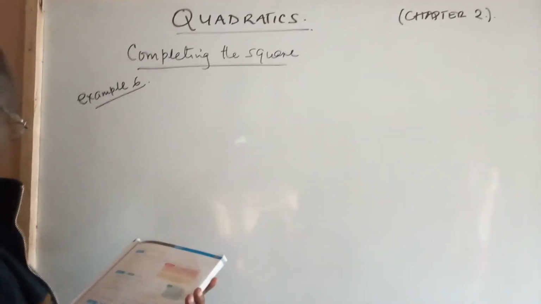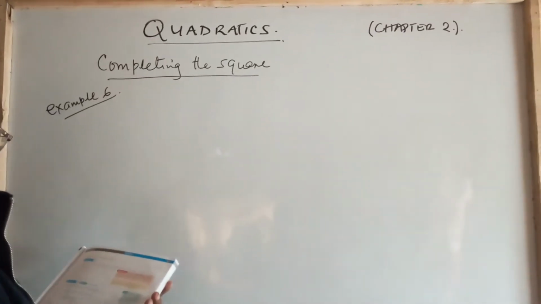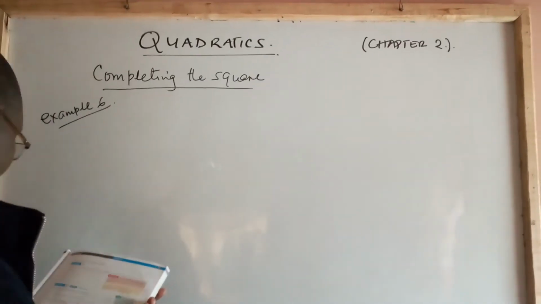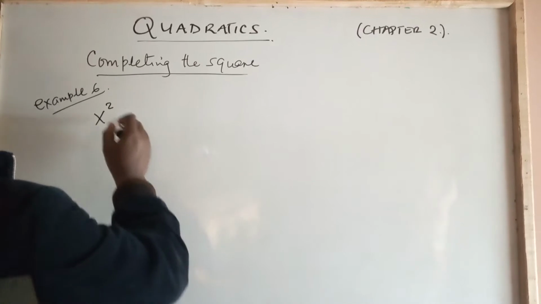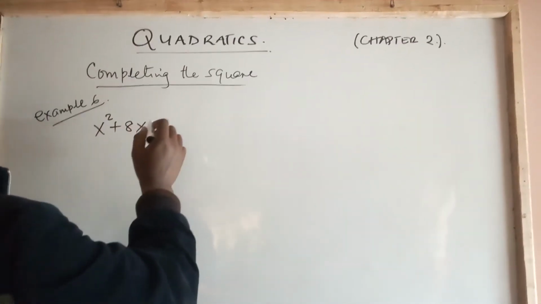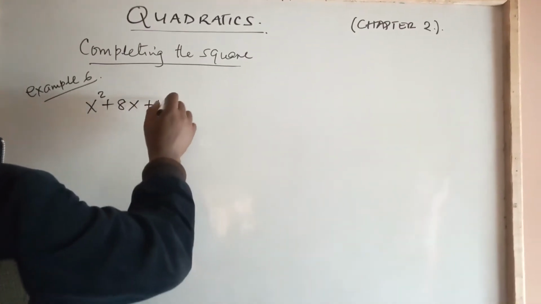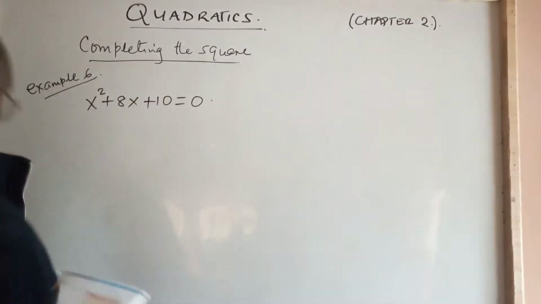In example 6, we are supposed to use completing the square to solve the equation x squared plus 8x plus 10 equals 0.